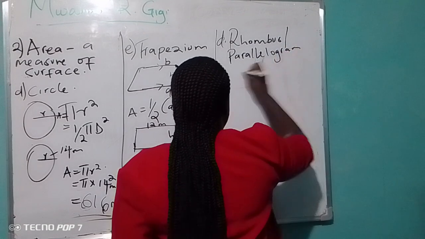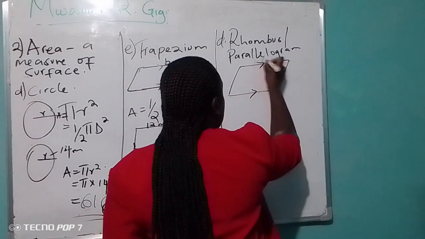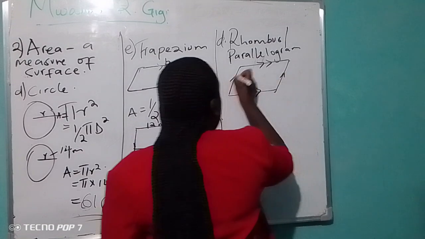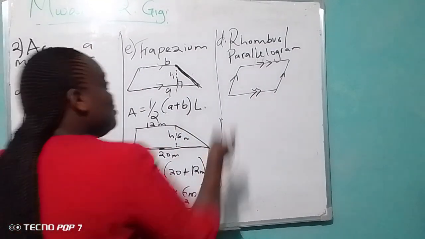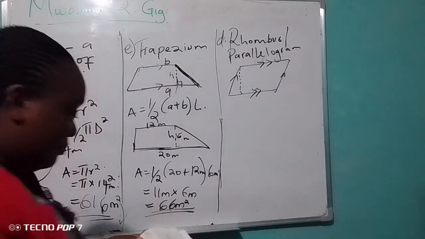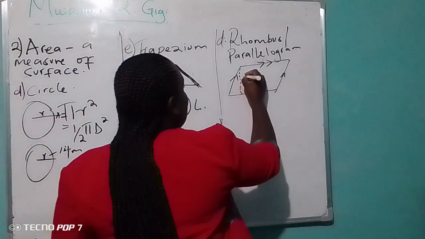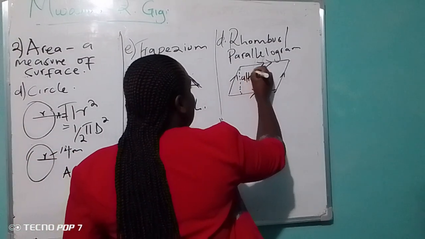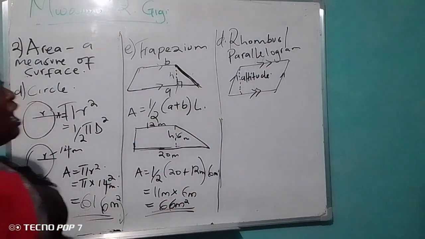Okay? So when we go to the other one, the rhombus or the parallelogram. Ilikuwa inakaa hivi. So in finding the area, you introduce this. Right. Inaitwa altitude. Kwetu inaitwa altitude.